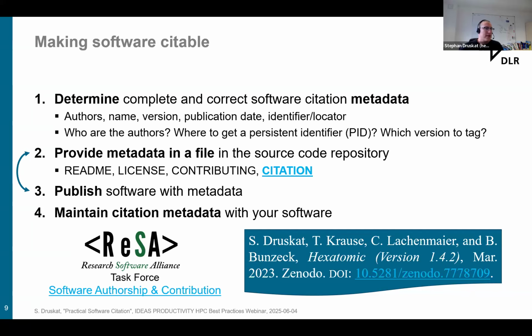But currently there is no such thing for software. And this is why we're currently developing guidelines for software projects around how to determine authors in a Research Software Alliance task force called Software Authorship and Contribution. That's work in progress. There's a link provided in the slides, and the slides are going to be shared as well, so you can click through to that task force if you're interested.